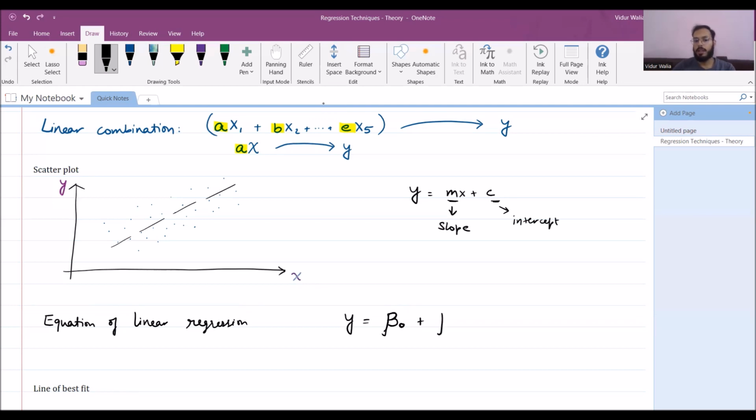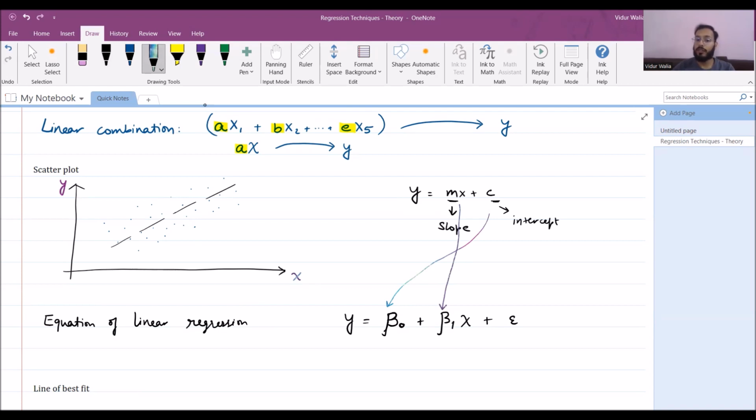Beta naught plus beta 1 x plus epsilon. Right? Now you might be able to see some analogy from here to here. Now we can obviously see that the c-intercept here becomes beta naught. The slope coefficient here becomes beta 1, right? So these two things are clear to us.